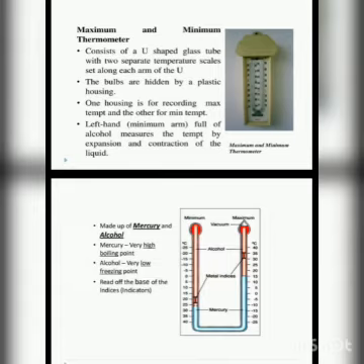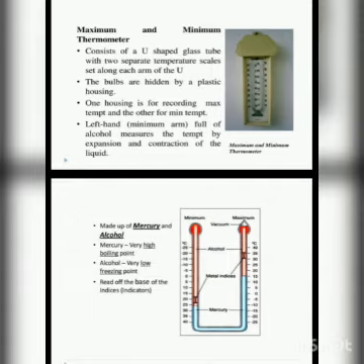A maximum and minimum thermometer consists of a U-shaped glass tube with two separate temperature scales set along each arm of the U. The bulbs are hidden by a plastic housing. One housing is for recording maximum temperature and the other for minimum temperature.